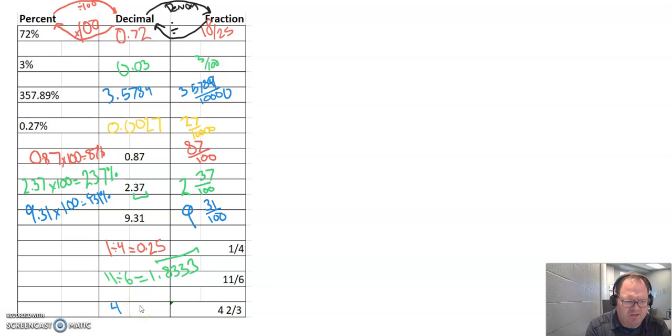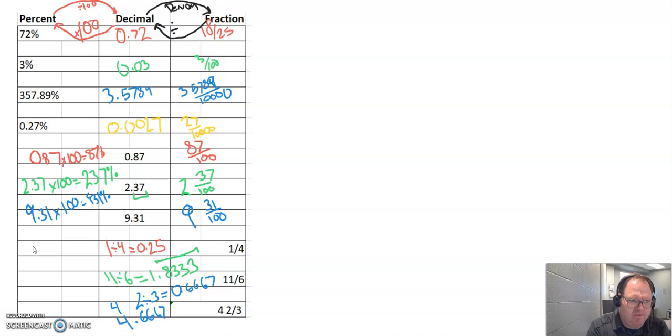And the fraction is 2 divided by 3, which is equal to 0.666666666 forever, but I'm going to call it 0.6667. As I said, I worked to 4 decimal places until I get to the end. So 4 2/3 written as a decimal is 4 wholes plus a little bit, which is 4.6667.